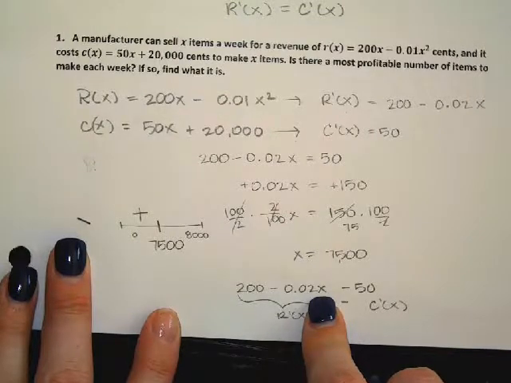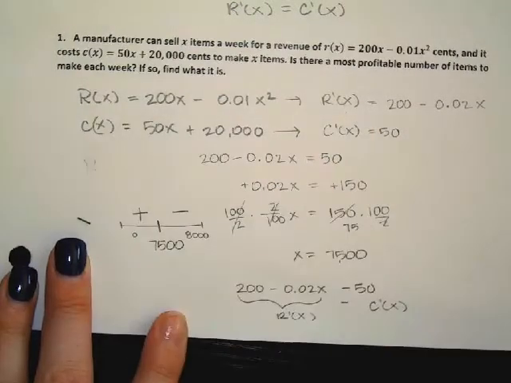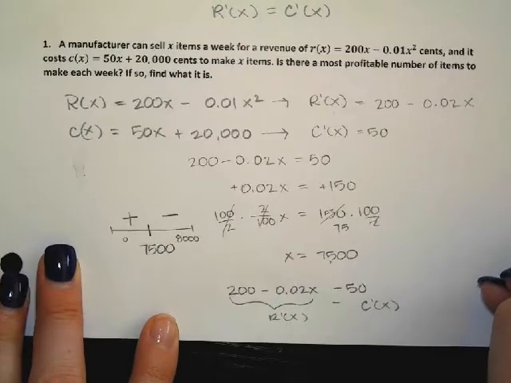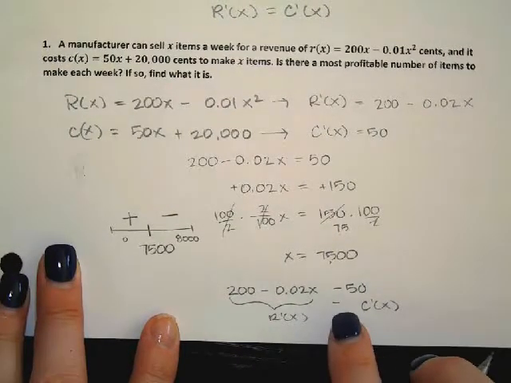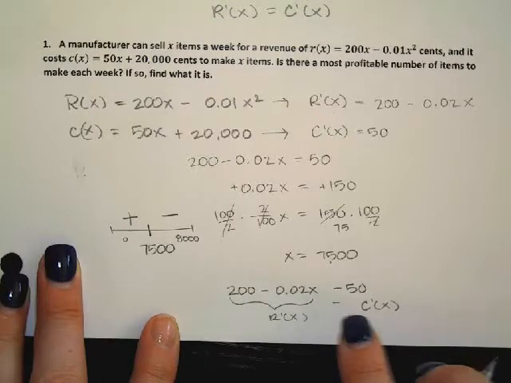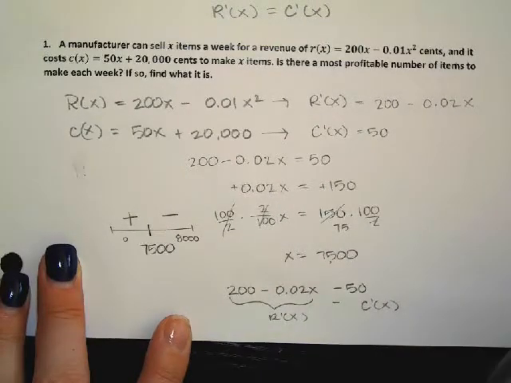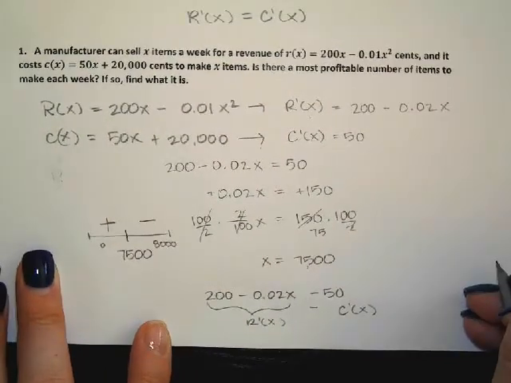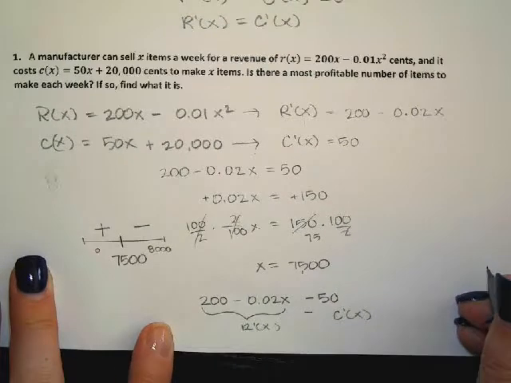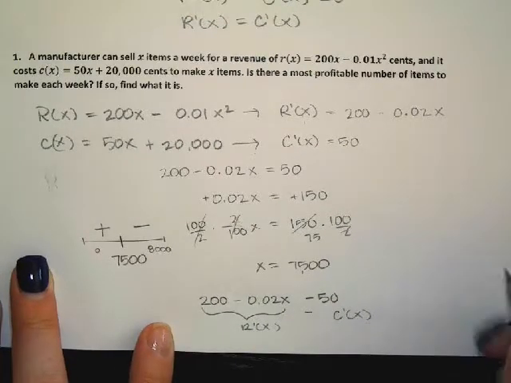It's 8,000 divided by 100 times 2 divided by 100, 1,600, and then minus 50 plus 200. Yeah, it's pretty negative. So does that confirm that we have a maximum profit? Yes, that is in fact the maximum profit.